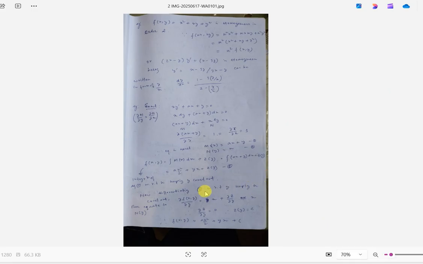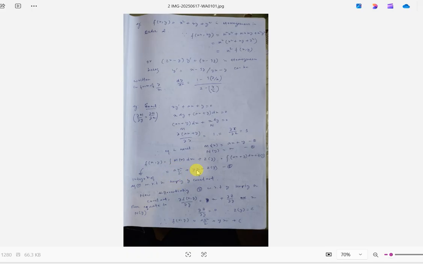Now if we do that, the function with respect to y: the 2 will be cancelled, and differentiating ax squared by 2 with respect to y will become 0, because with respect to y this is just a constant.